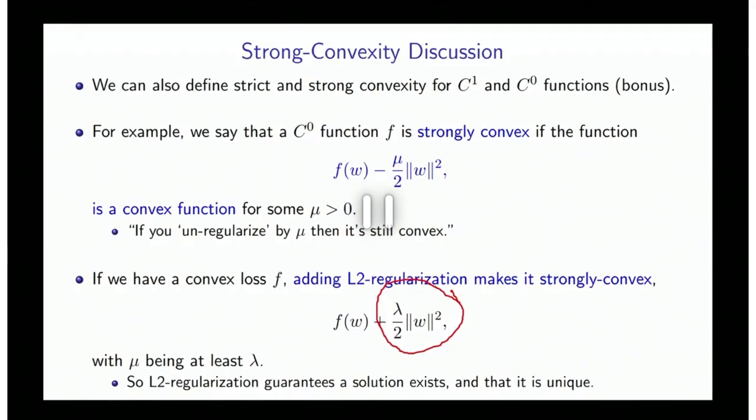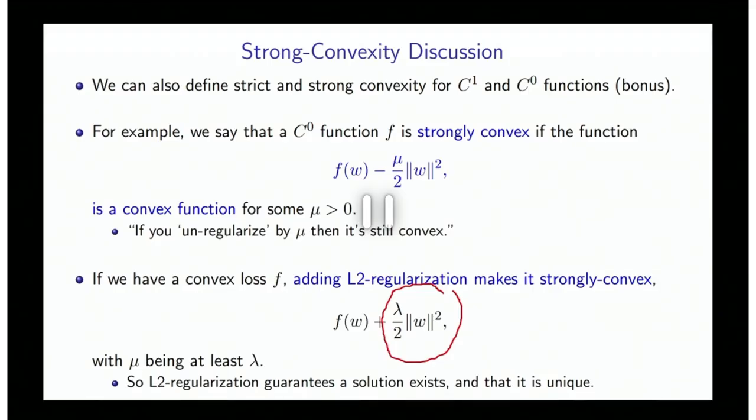If f of w is already convex, and the squared norm is convex, and lambda over 2, provided lambda is positive, I've also shown you in this class that non-negative scaling also preserves convexity.